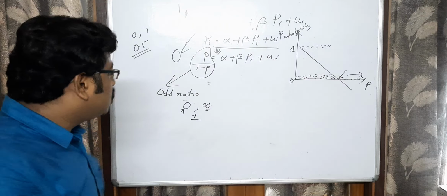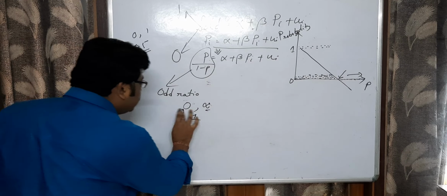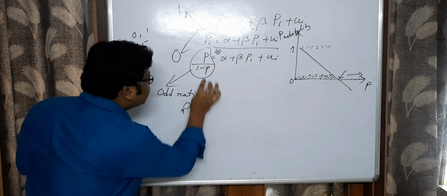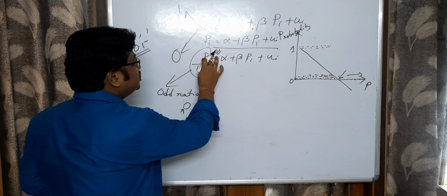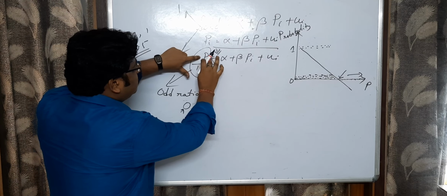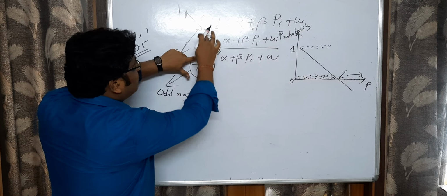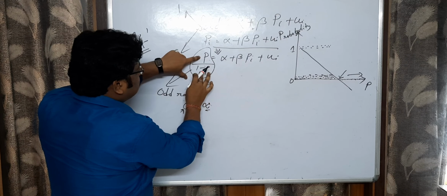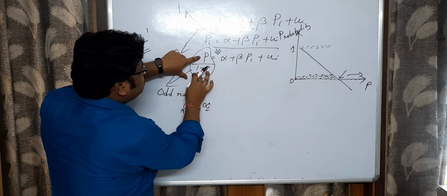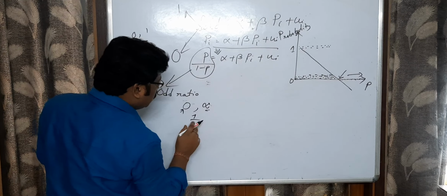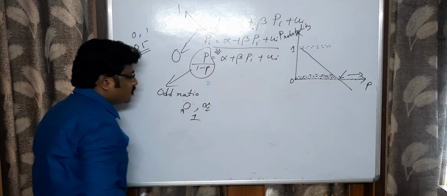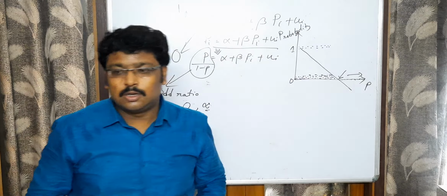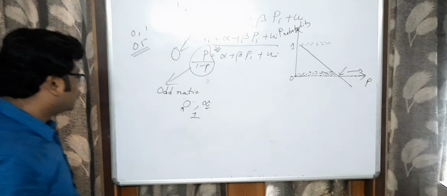Clear? If the probability of sale is 50%, then 50% divided by 1 minus 50% is 1, so the midpoint is 1.